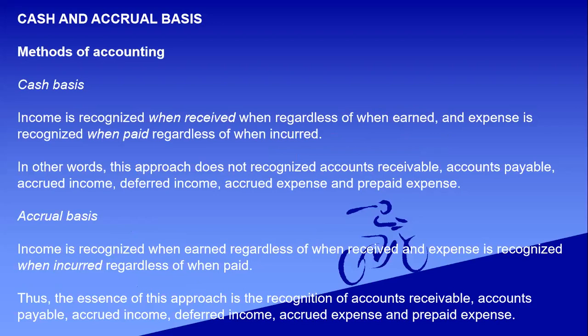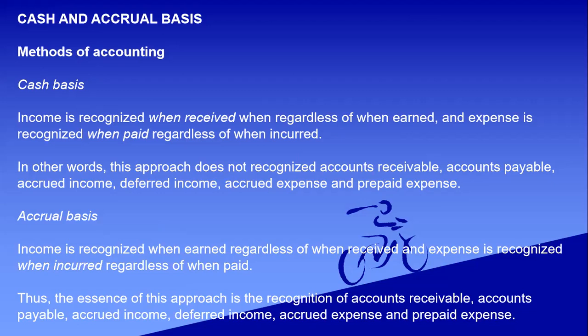Cash basis, income is recognized when received regardless of when earned, and expense is recognized when paid regardless of when incurred. So in other words, what's important in cash basis of accounting is when cash was received and when it was paid.